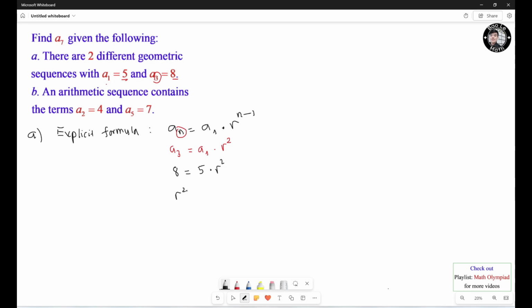So R squared equals 8 over 5. Now you take square root both sides, so it turns out to be R equals plus and minus root 8 over root 5. Now you need to rationalize the denominator by multiplying the top and bottom by root 5.